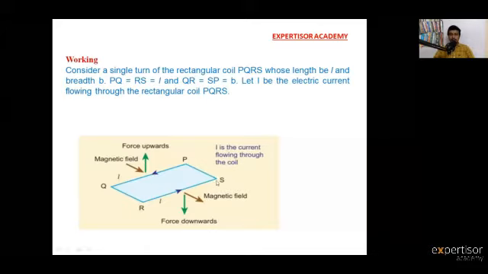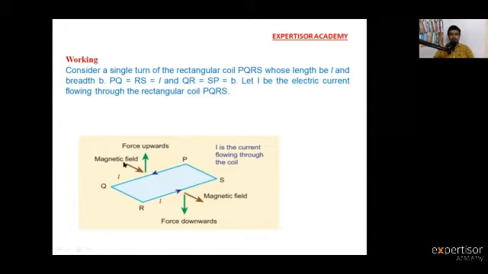PQ and RS have length L, QR and PS have breadth B. Let I be the electric current flowing through the rectangle coil PQRS.